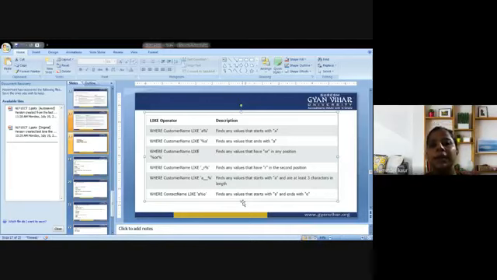Where customer name like '%A' finds any value that ends with A. If starting is A, we find any value whose name has the initial A, and the other one is a name ending in A.